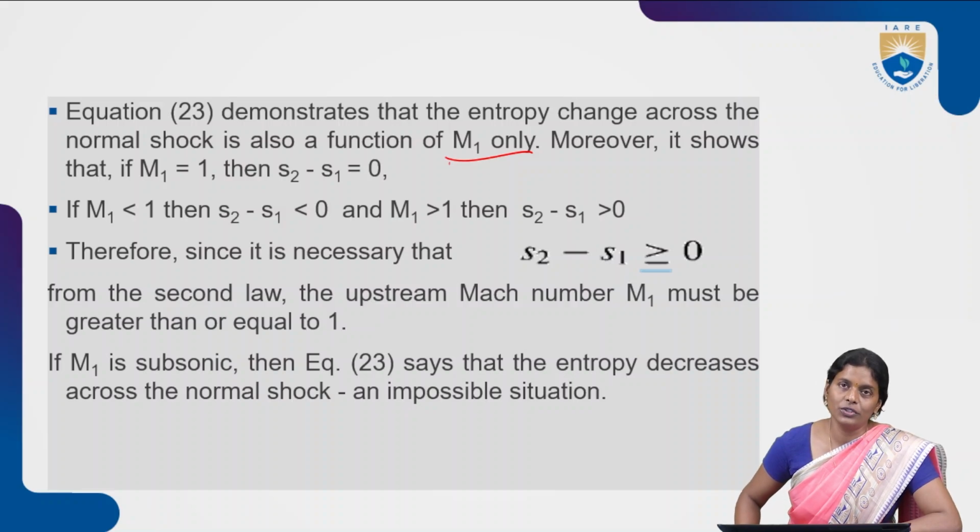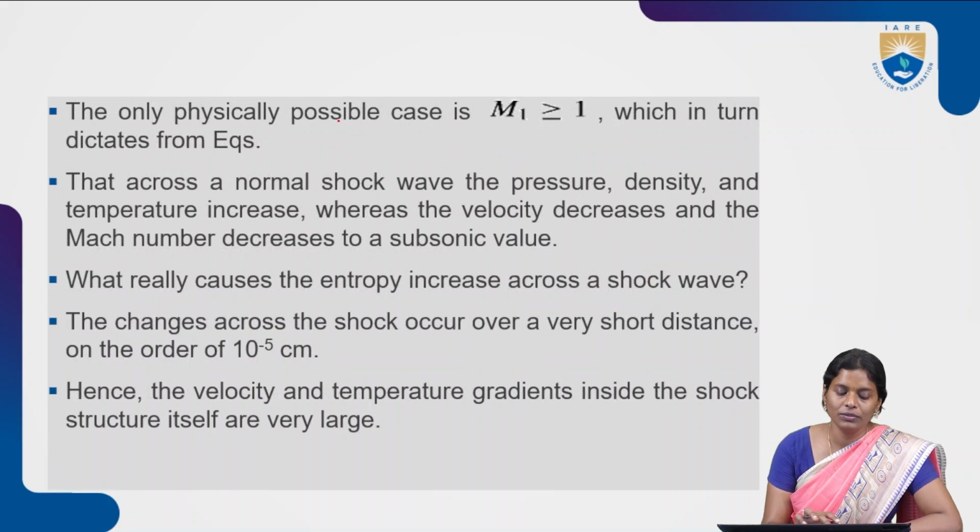It means we should have Mach number above 1 only. The only physically possible case is M1 greater than 1, which in turn dictates that across a normal shock wave the pressure, density and temperature increase, whereas the velocity decreases and the Mach number decreases to subsonic.